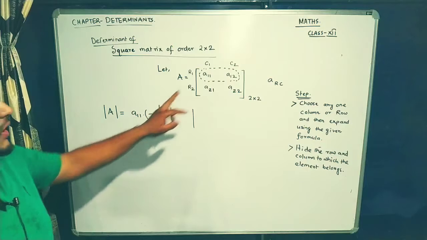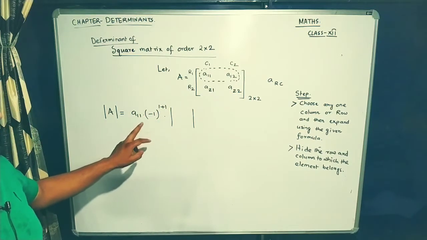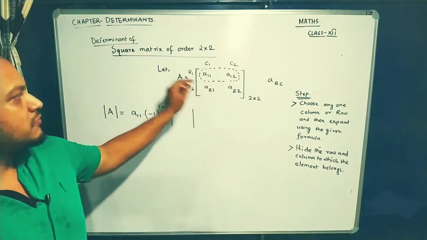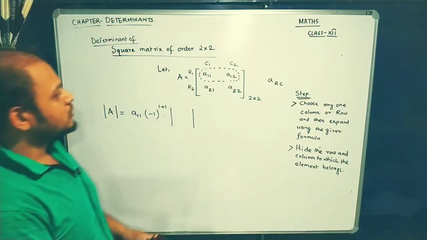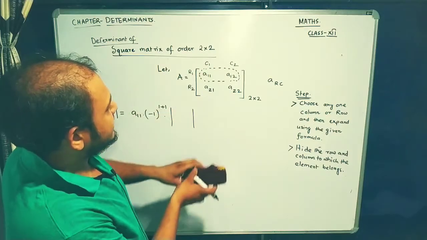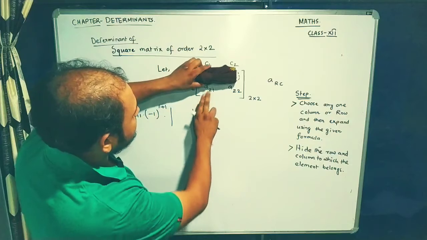So which element have you taken? You have taken A11. So this A11 belongs to the first row, first column. So you hide the first row and first column. It belongs to the first row, hide the first row. And it also belongs to the first column, hide the first column.